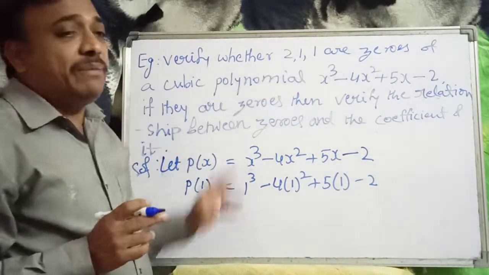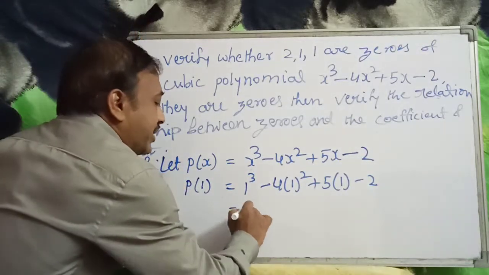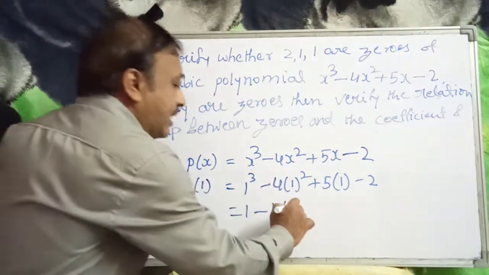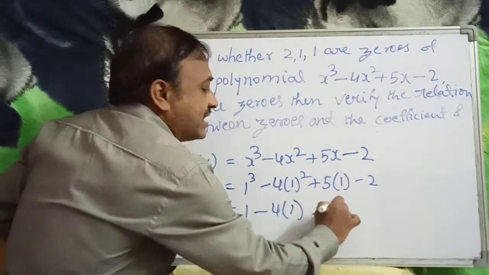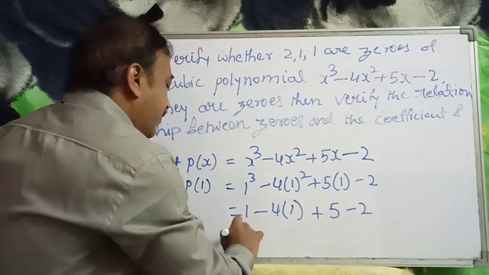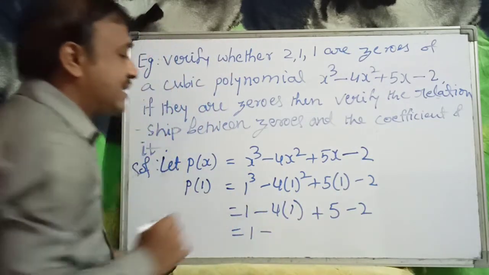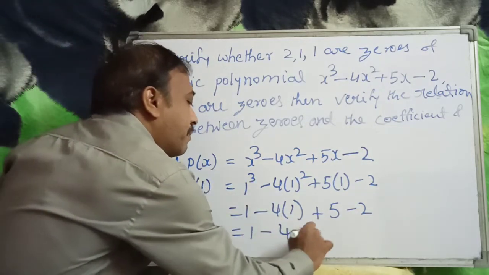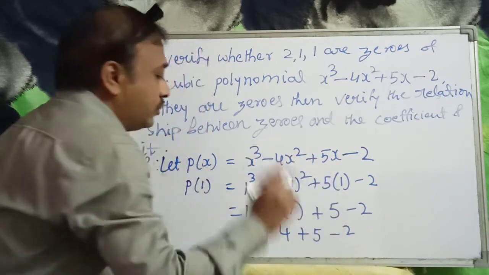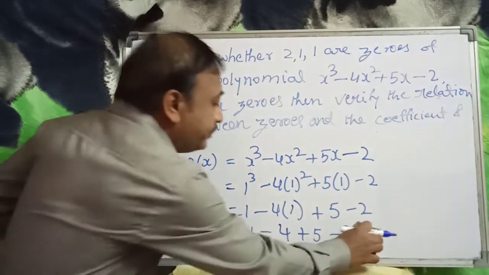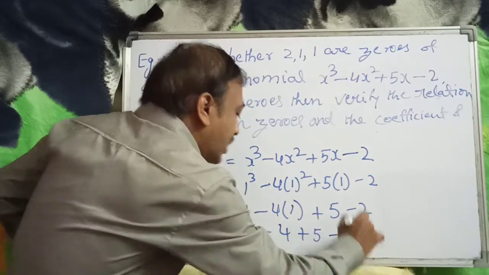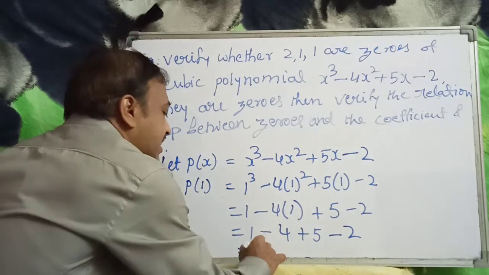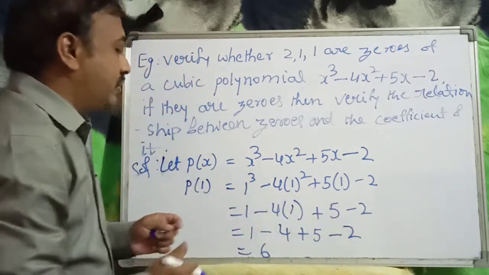Putting the value 1 in place of x, which is equal to 1 cube is 1, minus 4 into 1 square is 4, plus 5 into 1, 5 ones are 5, minus 2. Now add the values. This is 1 plus 5, together will give you 6. And minus 4 minus 2, that is minus 6.